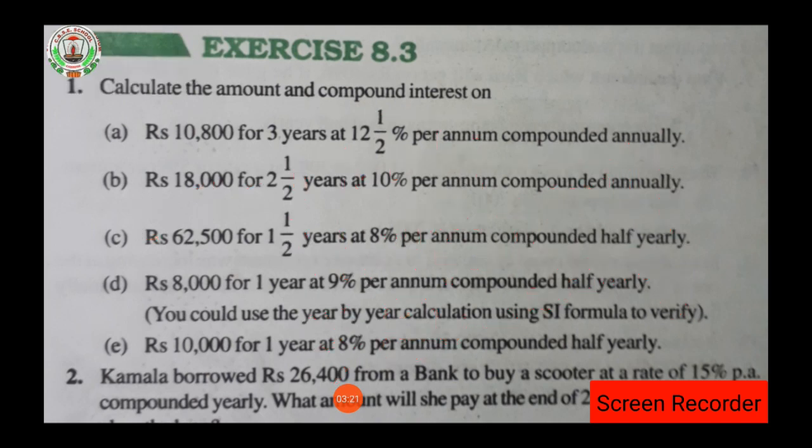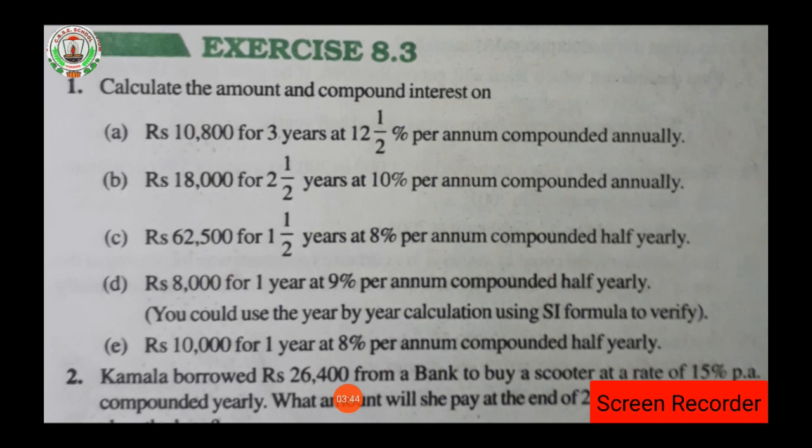While solving the questions I will tell you how to solve the compound interest for yearly, that is annually, for half yearly, and for quarterly. Have you understood what we have to find in question number one?